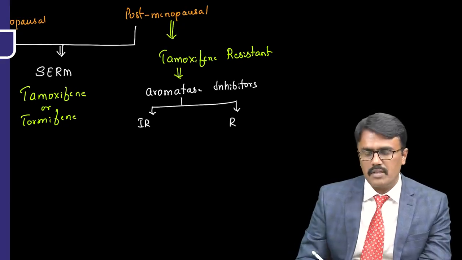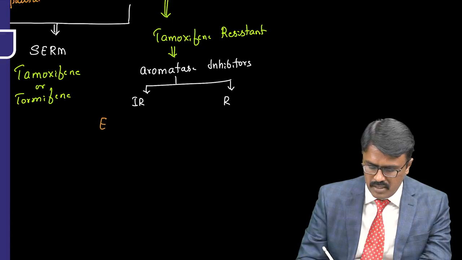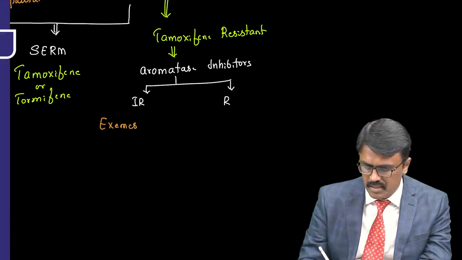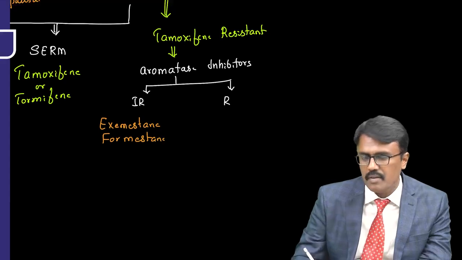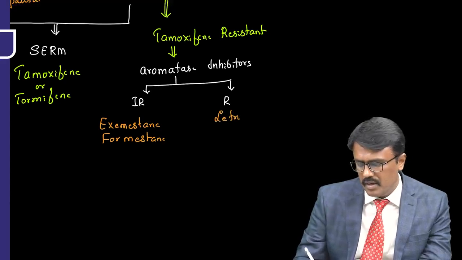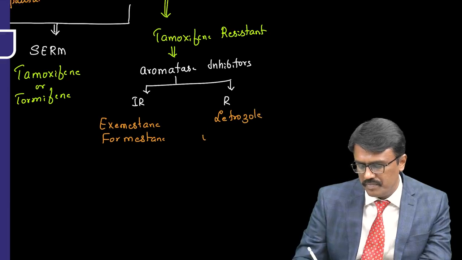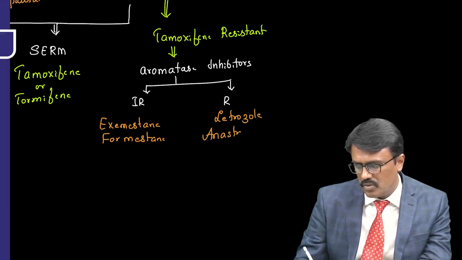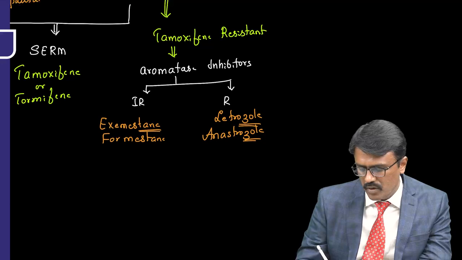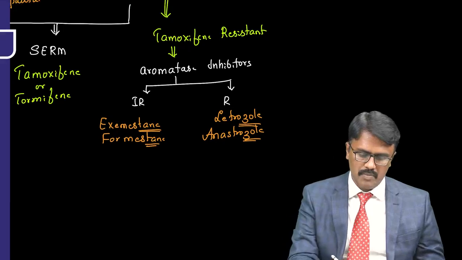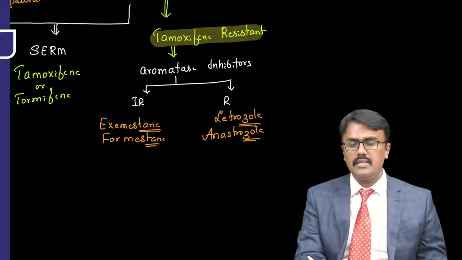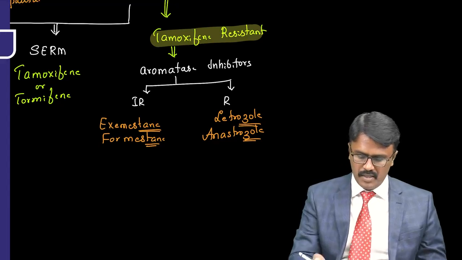In irreversible blockers, we have drugs ending with mestane, exemestane and formestane. And in reversible blockers, we have drugs ending with ozole, letrozole and anastrozole. So remember, these drugs are used only for post-menopausal breast cancer, not for premenopausal. So in post-menopausal tamoxifen resistant cases, we give an aromatase inhibitor.